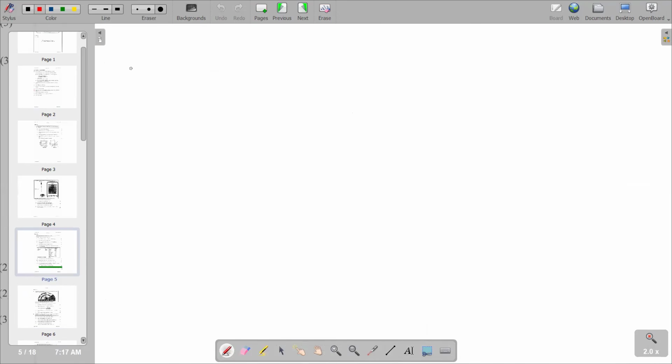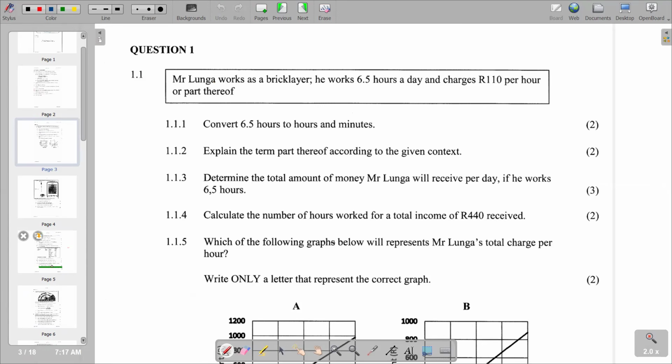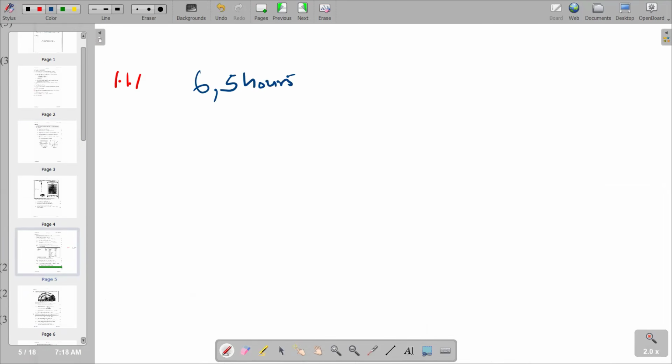Going to our answer section, we are going to start on 1.1.1, whereby we are given 6.5 hours. So we are saying 6.5 hours is equal to 6 hours plus 0.5 hours. This 0.5 is the one that we need to convert to minutes.